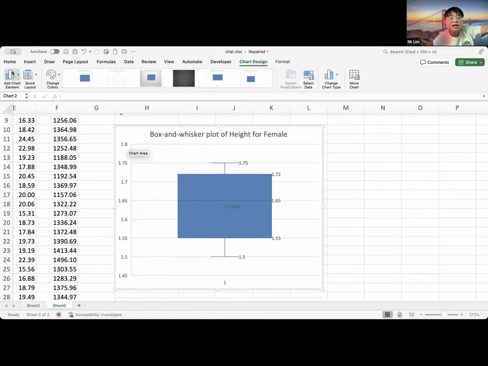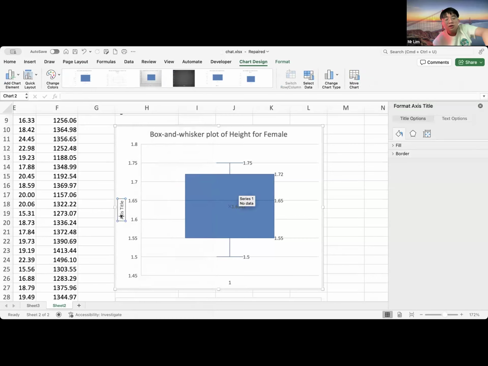You can add a chart element, which is the axis title. Let's say on the primary vertical, to add a title here. For example, if I want to say this is the height, and then in unit meter.